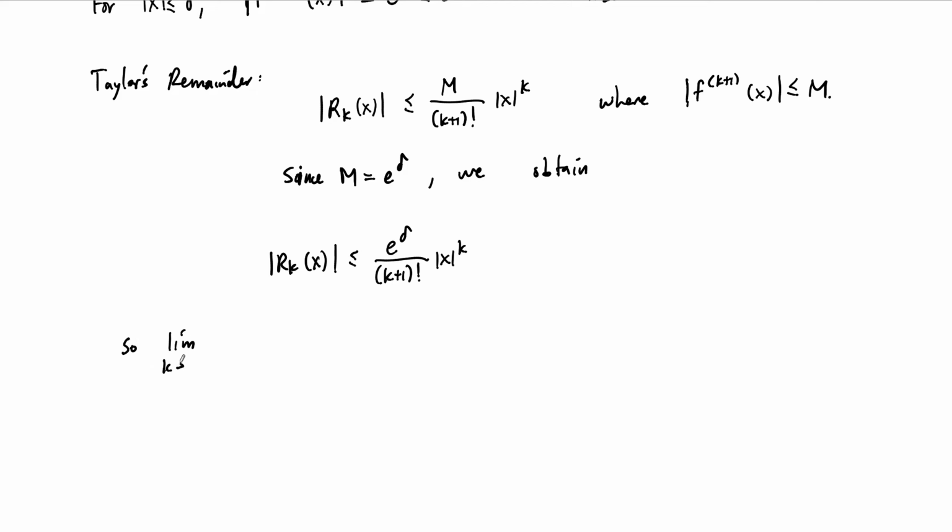The limit as k approaches infinity of r k of x is less than or equal to the limit as k approaches infinity of the constant e to the delta over k plus 1 factorial times absolute value x to the k plus 1. So I've left the k plus 1 off of all these. That was a mistake. That's x to the k plus 1.